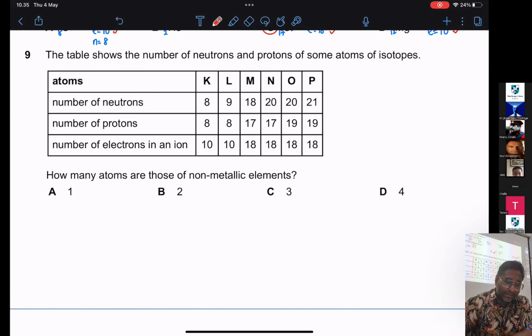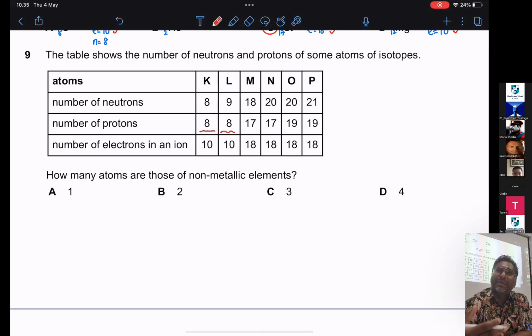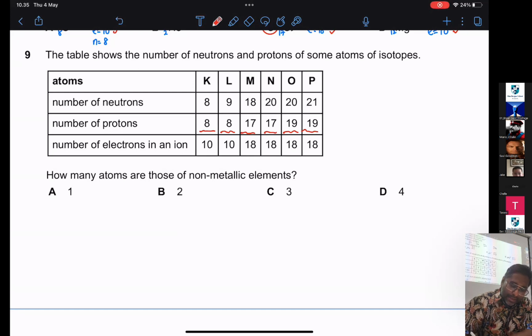For magnesium, proton is 12, and electron supposed to be 12, but because there is 2 plus, it means they have lost 2 electrons, therefore it will be 10 electrons. They want the most electrons. Over here you see 10, 2, 18 and 10. So the most electron is going to be C, 18.